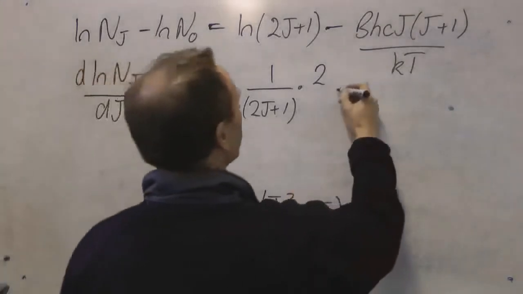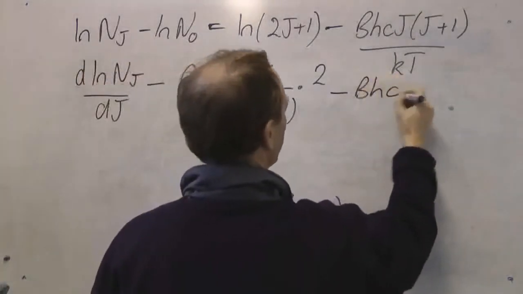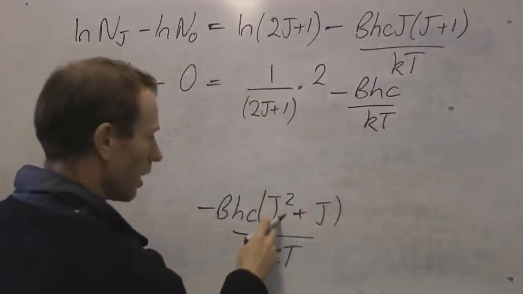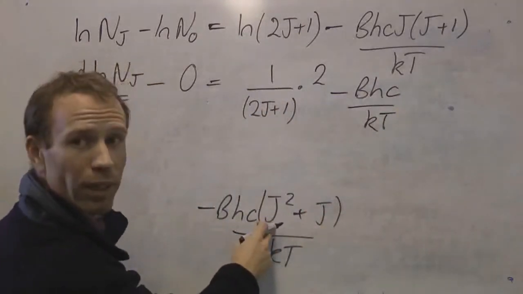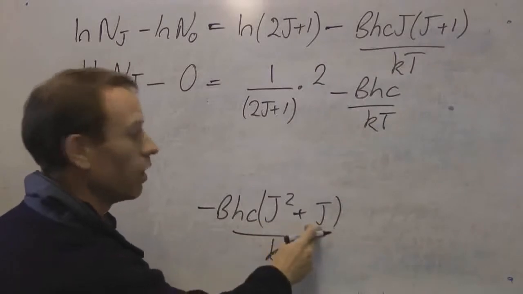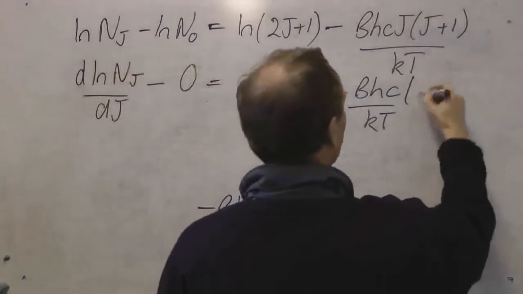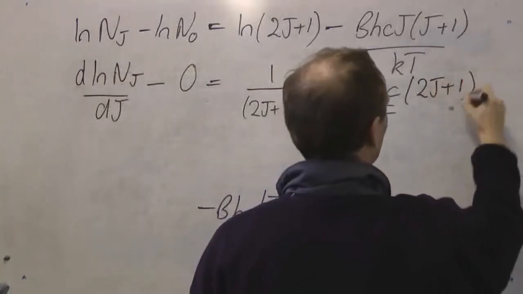So we end up with minus BHC on KT, just the constant bit. J squared differentiated with respect to j gives us 2j. J differentiated with respect to j gives us 1. So we end up with 2j plus 1.